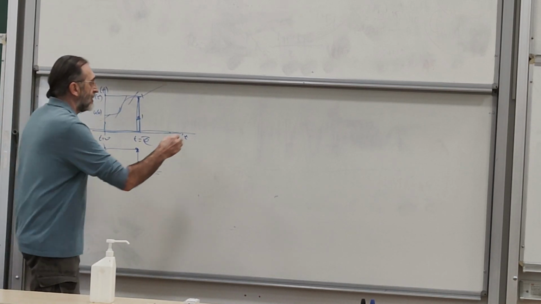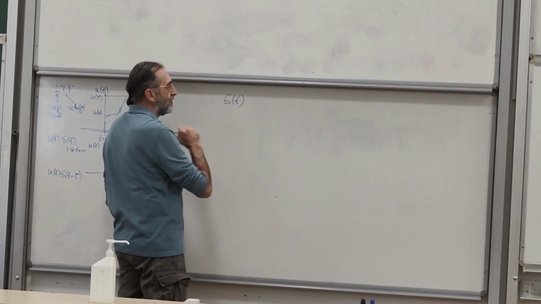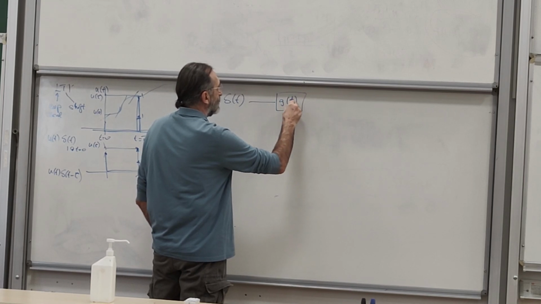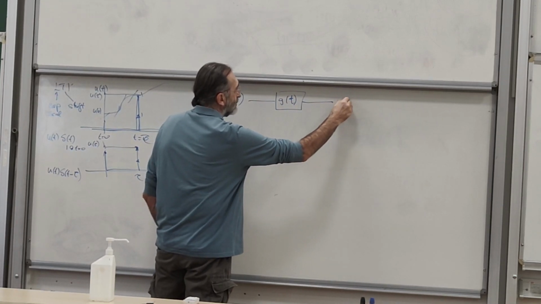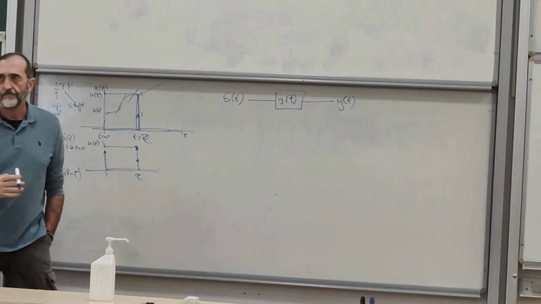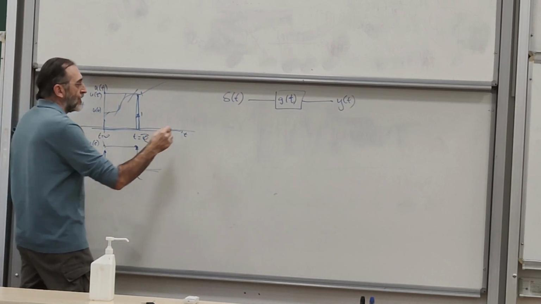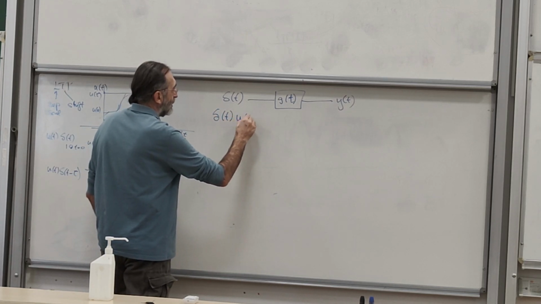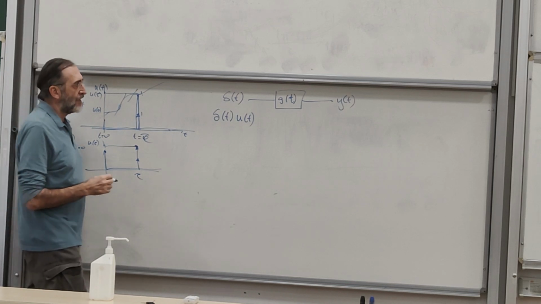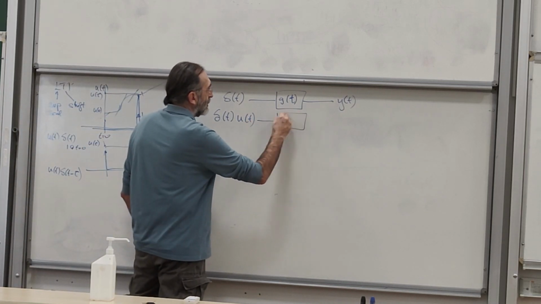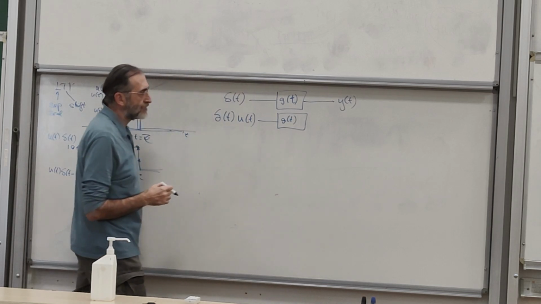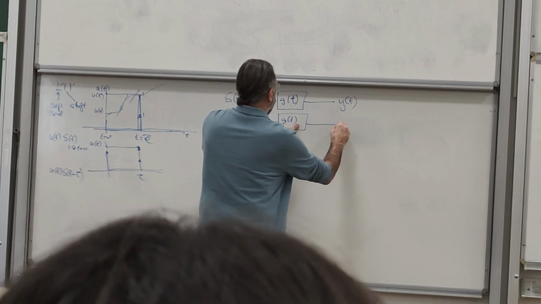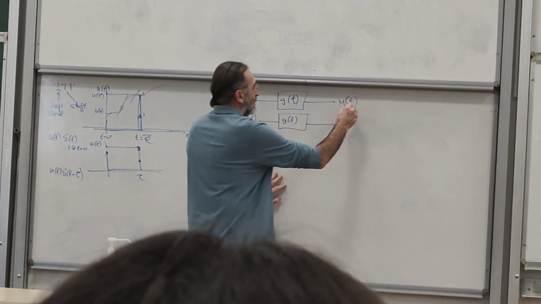And if I take delta of t and combine it with g of t to get y of t, if I do delta t times u of t and combine it with this g of t, then what I'm going to get is g of t.